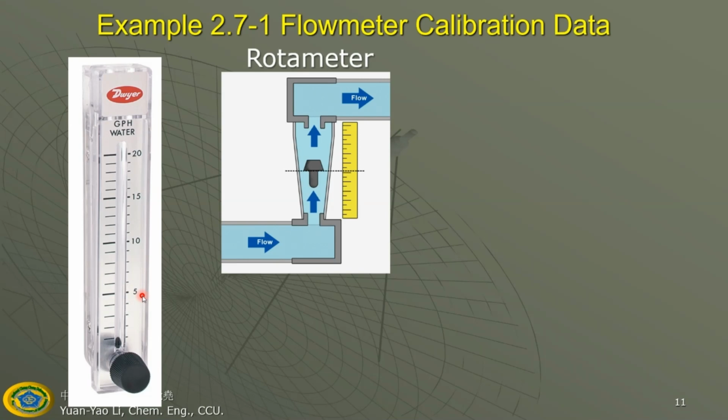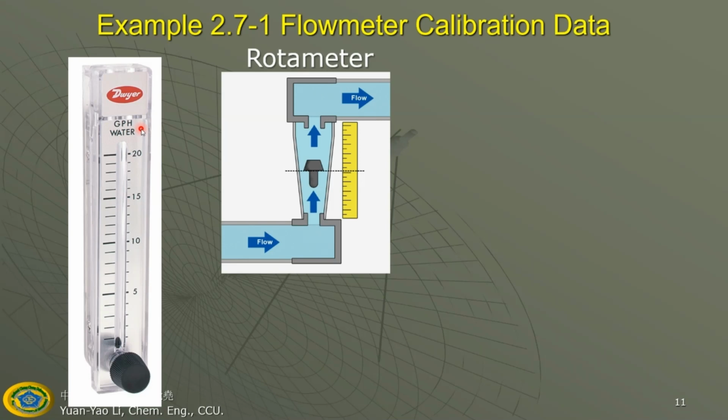This is the number. Where is the unit? Units here: GPH, gallons per hour. It tells you volume per time. So if the flow pushes the float up to here, this is 5 gallons per hour.